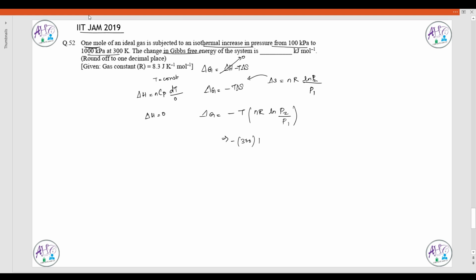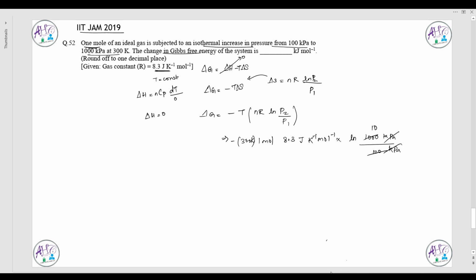So this is 1 mole, and here you have the unit Kelvin. The value of R is 8.3. This is important: in the question, only the value that is given should be substituted. 8.3 joule K inverse mol inverse, into ln P, which is 1000 kilopascal by 100 kilopascal. If you solve this, it will be 10. This is going to be 10. If you solve this entire thing, the value will be 19.11.